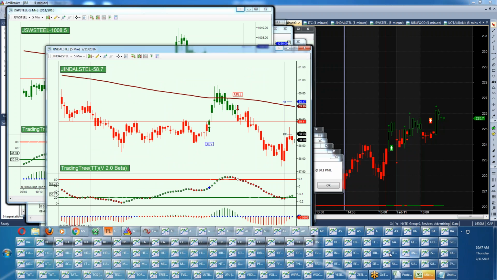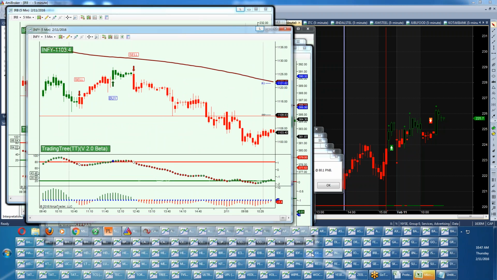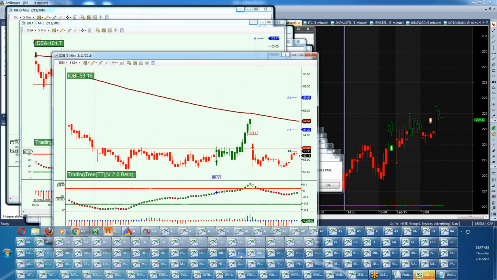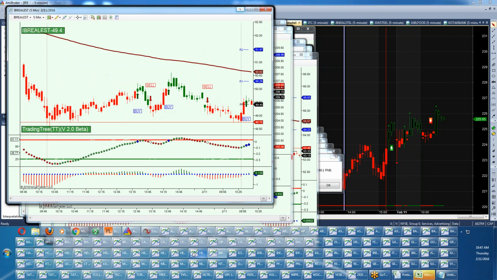We had 75 rupees profit in the sell call. ICICI Bank, we know that we should be getting a buy there.